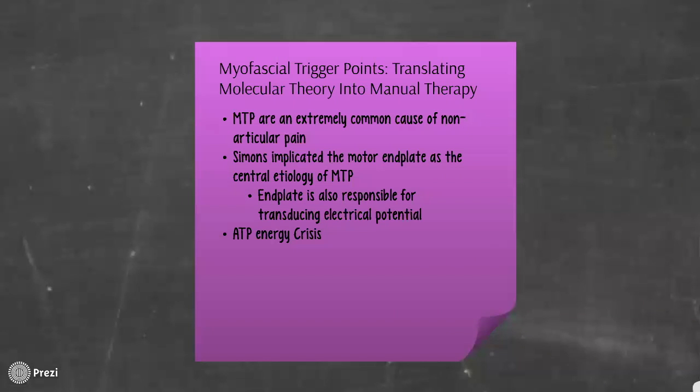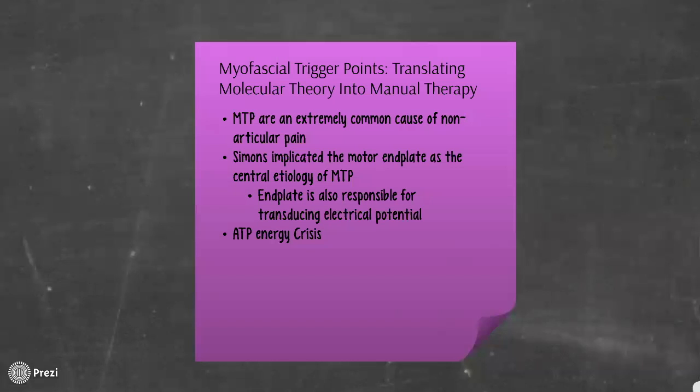The motor end plate, which Simmons, one of the contributors to this, implicated as the central etiology of myofascial trigger points. The end plate itself is responsible for transducing that electrical potential into a muscle contraction.